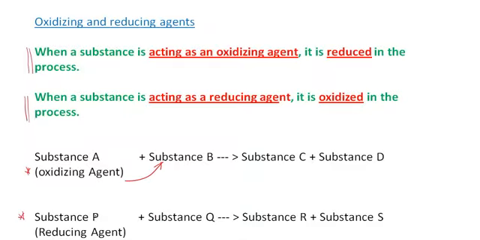If substance P is reacting with substance Q and substance P is a reducing agent, the reducing agent will reduce substance Q, but in the process substance P will be oxidized. Alright, so don't get confused with the statements, just understand what is happening.